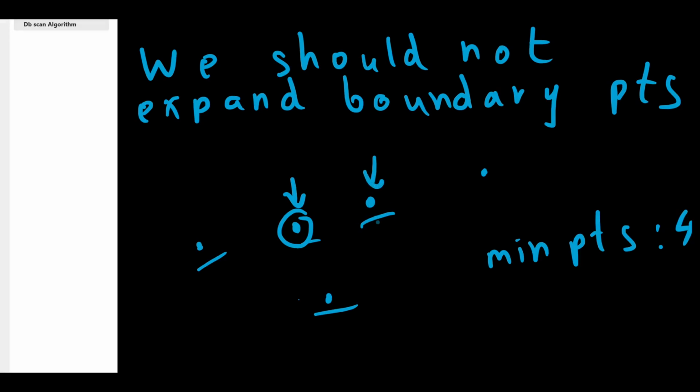Now I'm here. Now I count the number of neighbors here. I see that it has only 2 neighbors. One is this, and the second one is this neighbor. Because of this, it becomes a boundary point, and I'm not gonna expand this further. I will add this to my cluster, but will not expand this further. So the chain from here to here will not propagate.